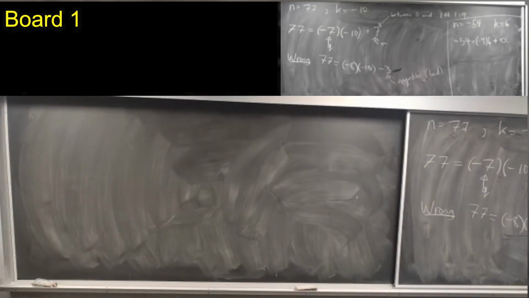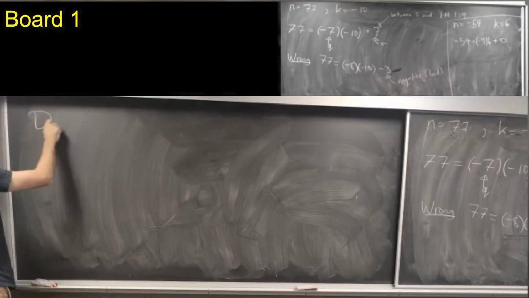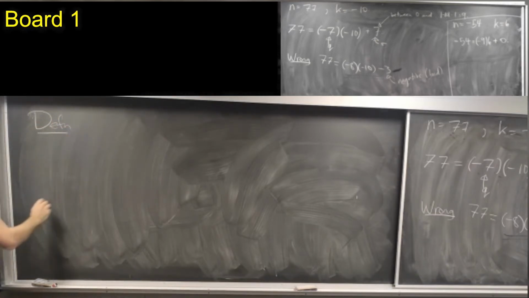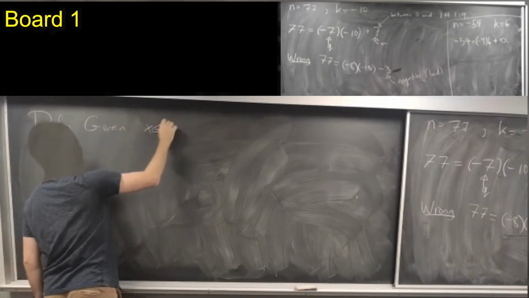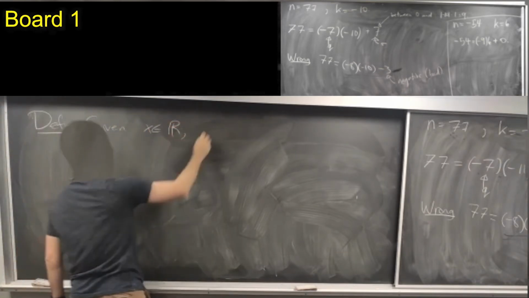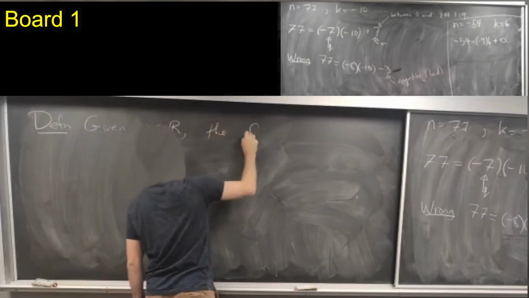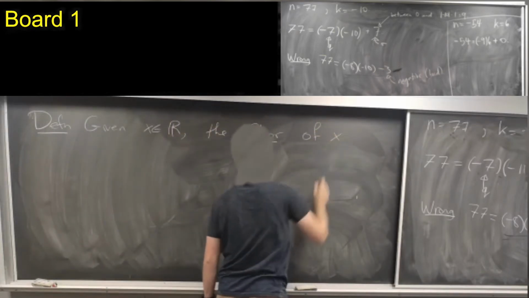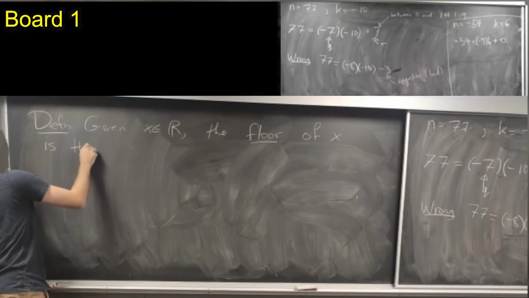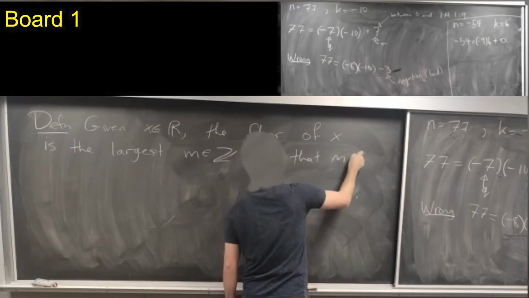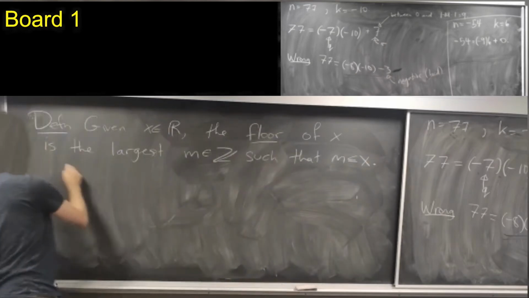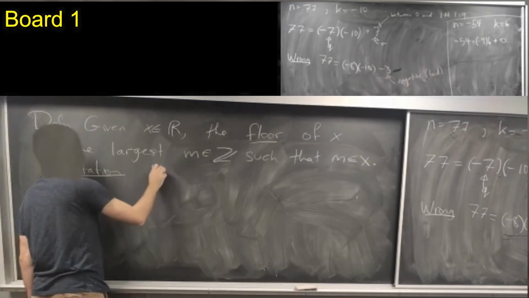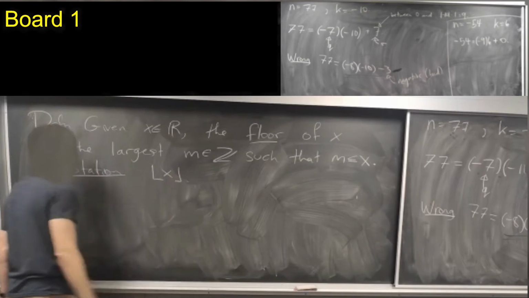So I need a bit of notation. Given a real number x, the floor of x is the largest integer such that that integer is at most x. Okay, and the notation for this, the floor of x, is written like this.